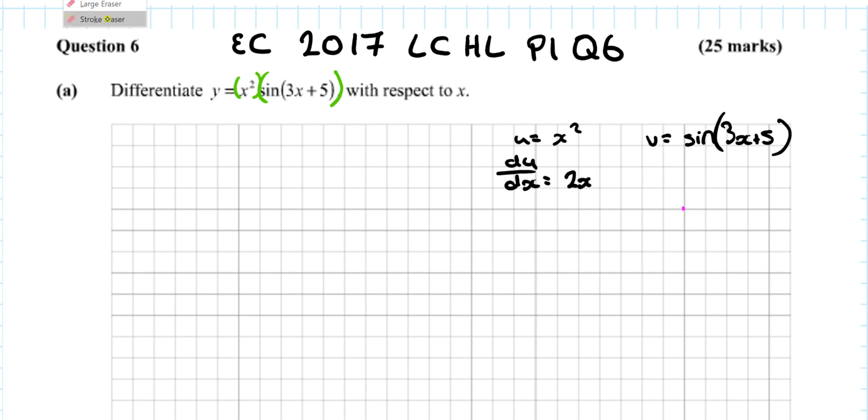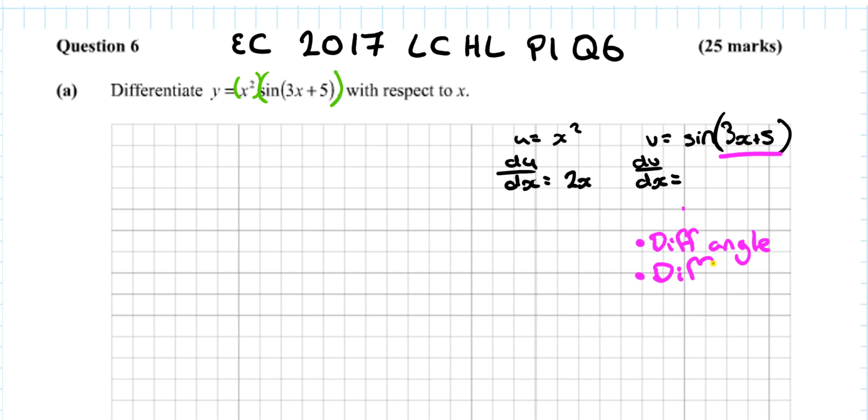Now, for those of you who are not in my class, I really like differentiating trigonometric functions by following these steps. Differentiate the angle. The angle is always the thing that comes after the sine or the cos or the tan.